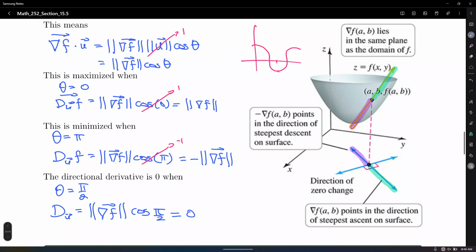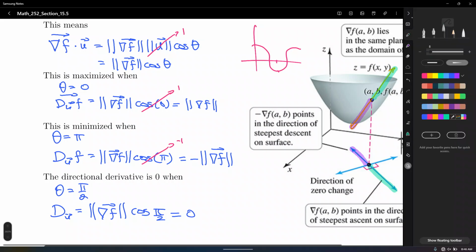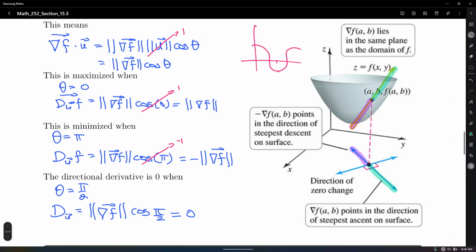However, let's pretend this is x and this is y. Now, did you see the shadow of the green vector? Isn't that going in the increasing direction? What is this angle if this is the positive x-axis? Isn't that 0 degrees?